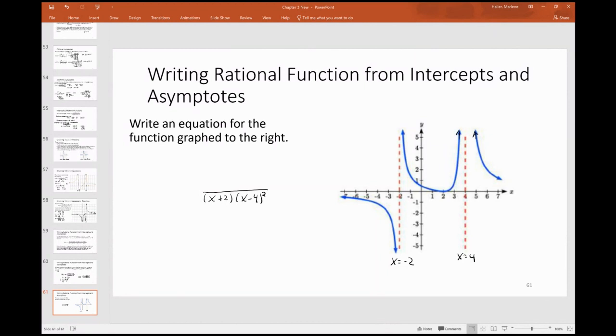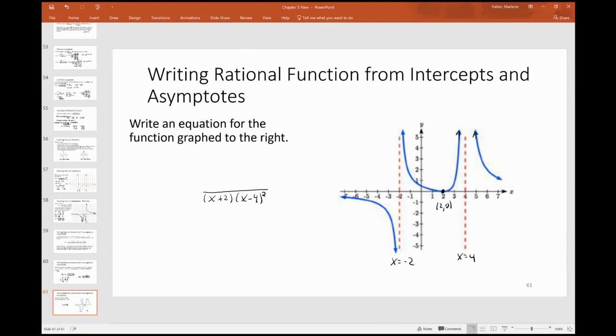Now what about the numerator? Remember, the numerator leads to the zeros of the function, or the horizontal intercepts, and I see one right there at the coordinate (2, 0).